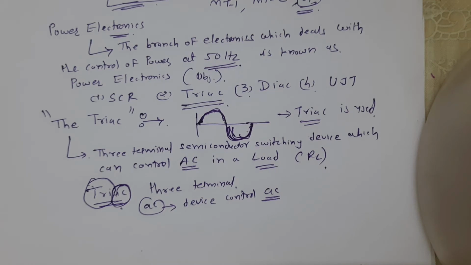So we can say the triac is a three-terminal semiconductor switching device which can control alternating current in a load. Triac is an abbreviation for triode AC switch.